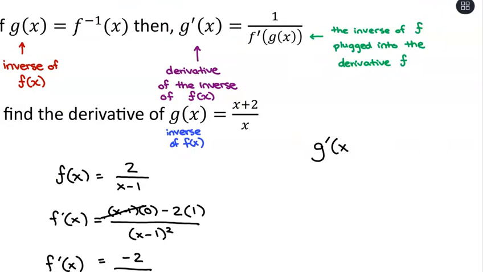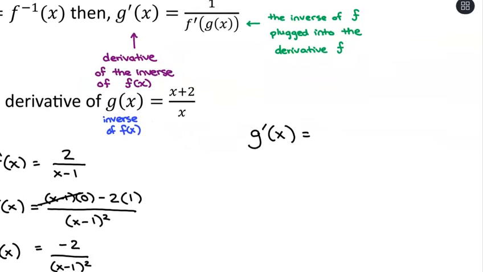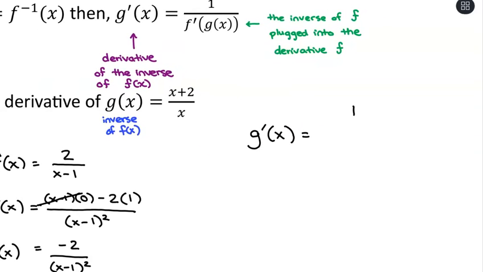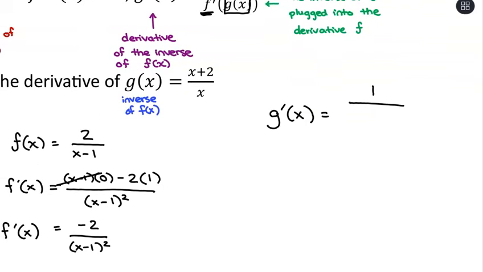If I want to take the derivative of this function, (x plus 2) over x, which would absolutely be so much easier with just the quotient rule, but again, this is just an exercise to show that it all matches up. We could do this using this inverse property. What I'm going to do is 1 over, and then I want to take the derivative function and plug in my inverse function.